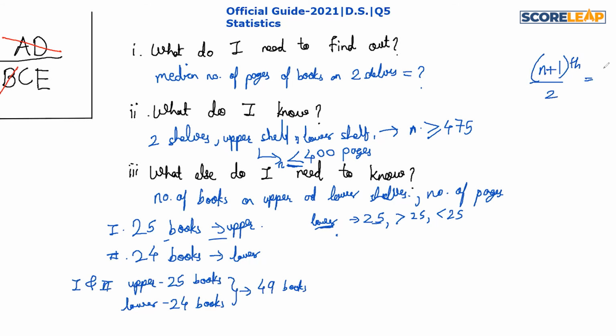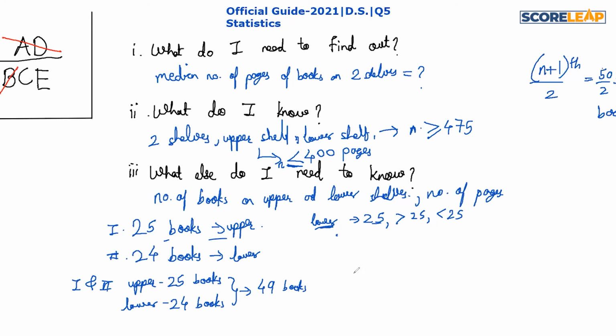Here it will be 49 plus 1, which is 50, by 2, which is the 25th book. When we arrange them in increasing order, the order will start with the books on the upper shelf, because the upper shelf has a number of pages lower than 400 and the lower shelf has greater than 475.